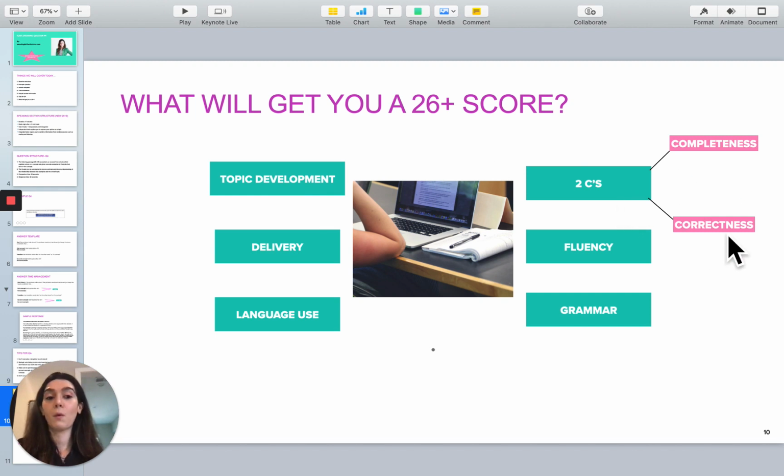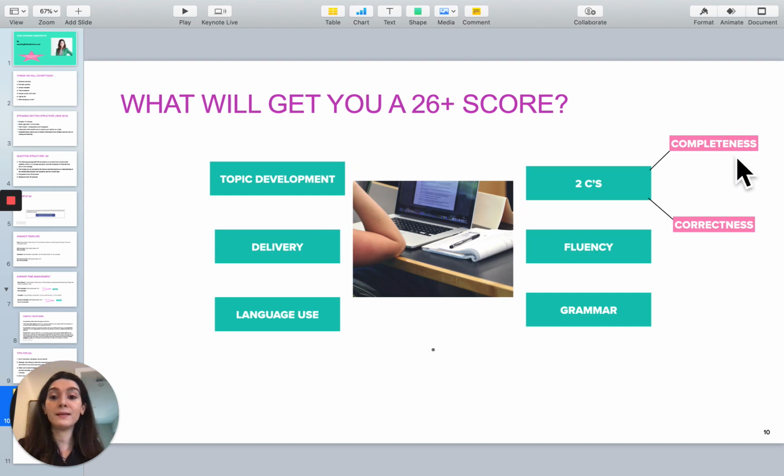On question number 4, if you answer the question completely, which means you give equal amount of time on both the first concept and the second concept, that means you have answered the question completely. Make sure that you give enough time to both the concepts and you give the important information that will answer the question that's being asked from you.